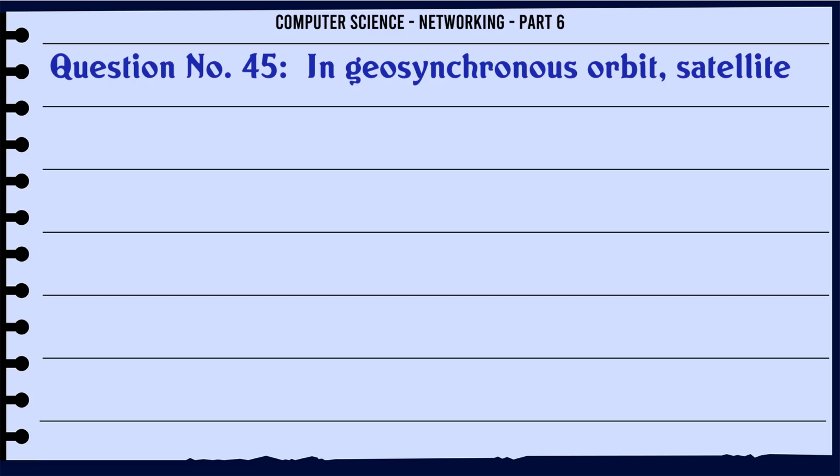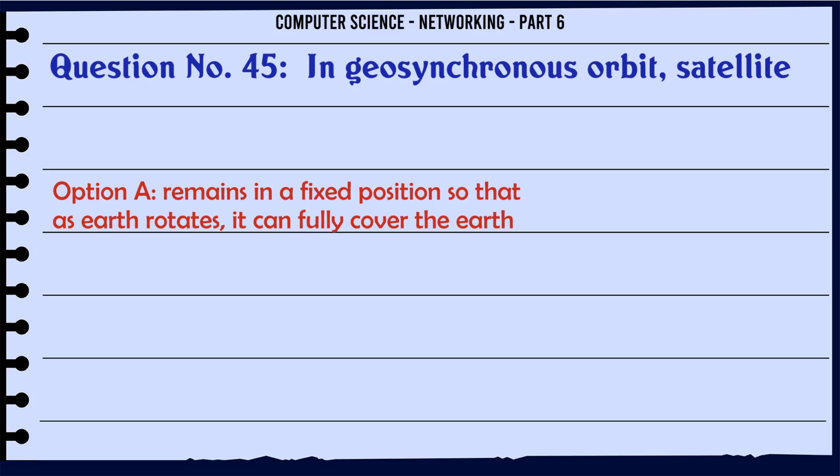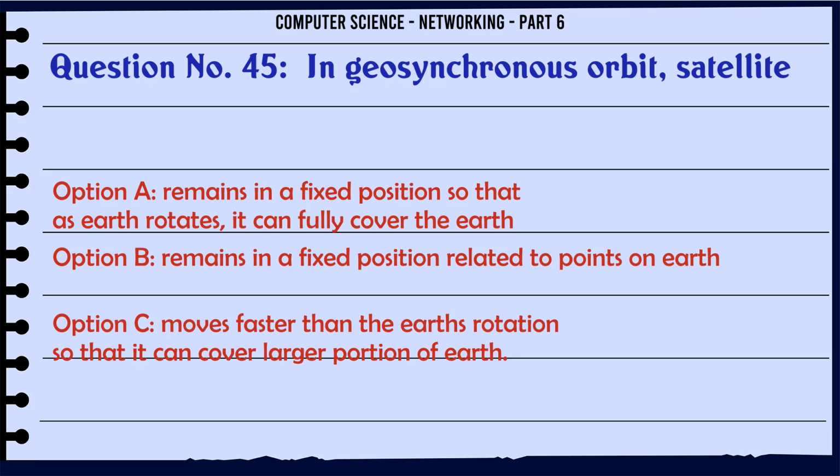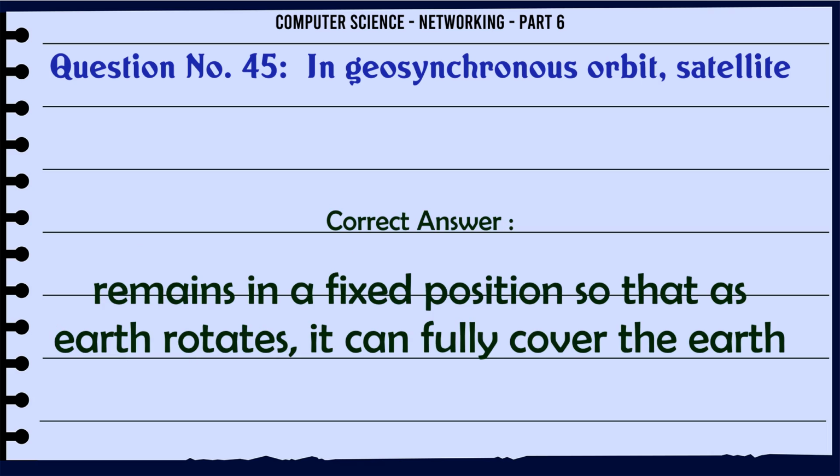In geosynchronous orbit satellite, A remains in a fixed position so that as Earth rotates it can fully cover the Earth. B remains in a fixed position related to points on Earth. C moves faster than the Earth's rotation so that it can cover larger portion of Earth. D moves simultaneously. The correct answer is B, remains in a fixed position related to points on Earth.